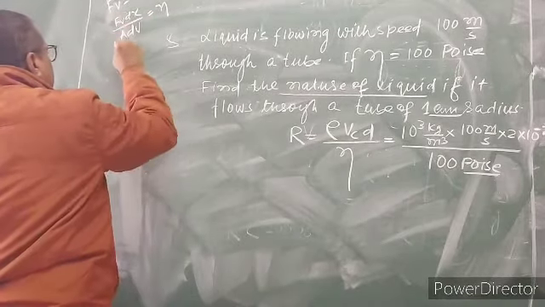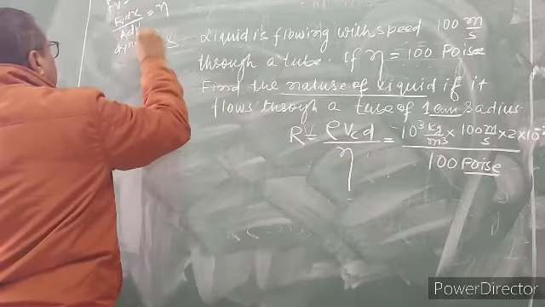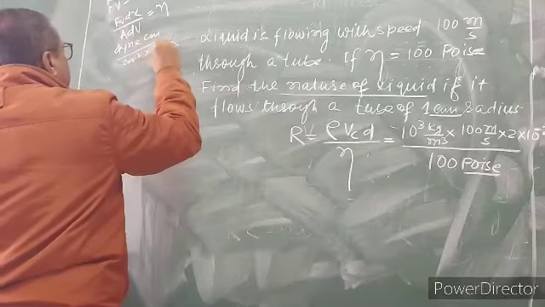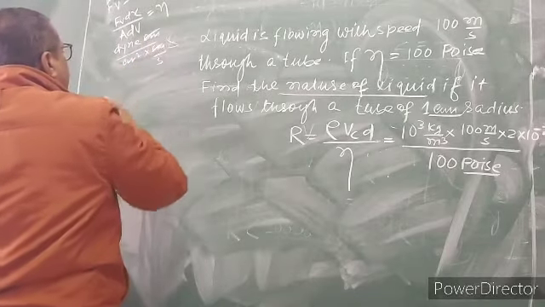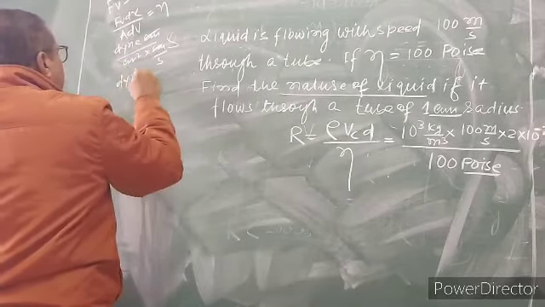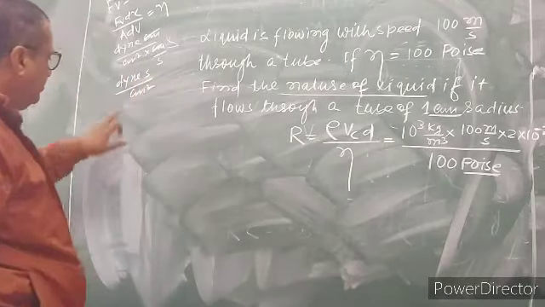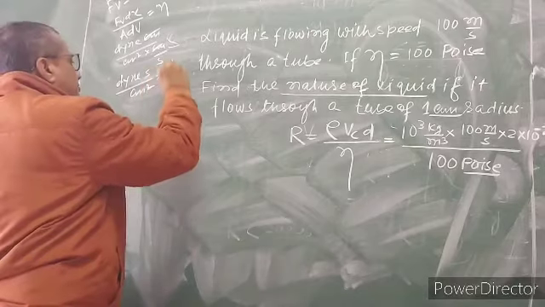This is dyne, this is centimeter square, and this is centimeter per second. So this will be cancelled. So the unit is dyne second divided by centimeter square. This unit is called poise.